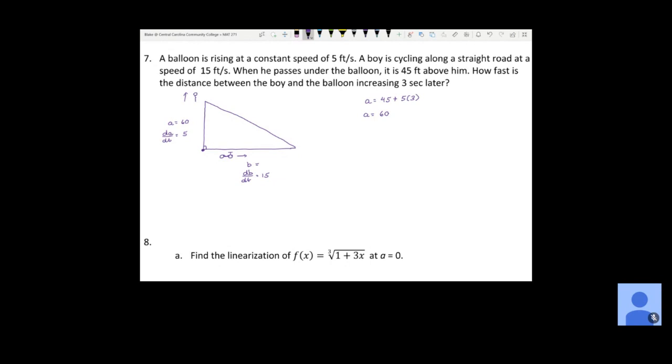All right. Now, what about the B value? So where would that bicycle be when the balloon is 60 feet in the air now?